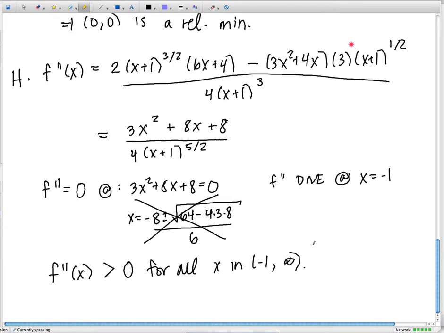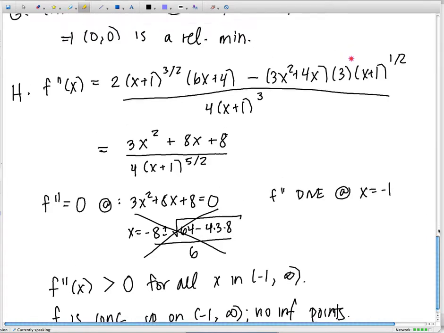So our function is always concave up. Thus f is concave up on our entire domain, and we have no inflection points because we never change concavity.